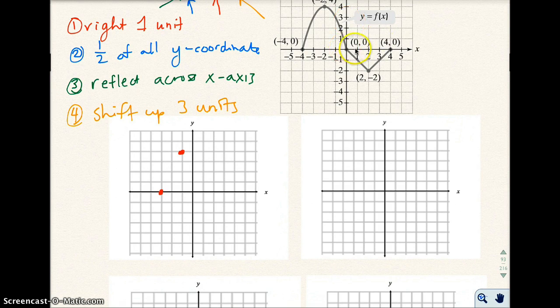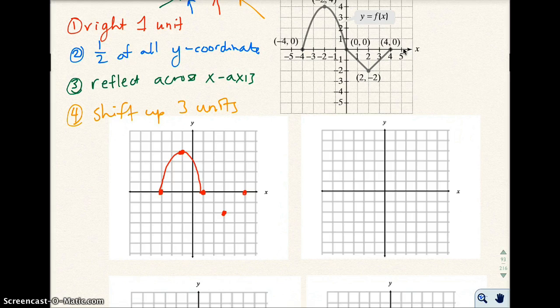This to the right 1 unit would be 1, 0. This movement to the right would be 3, negative 2. It would be 5, 0. So we'll go ahead and draw the shape of my graph.